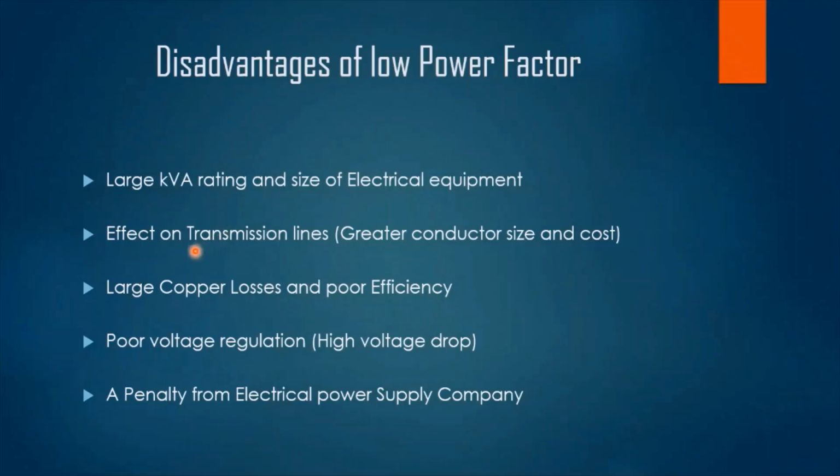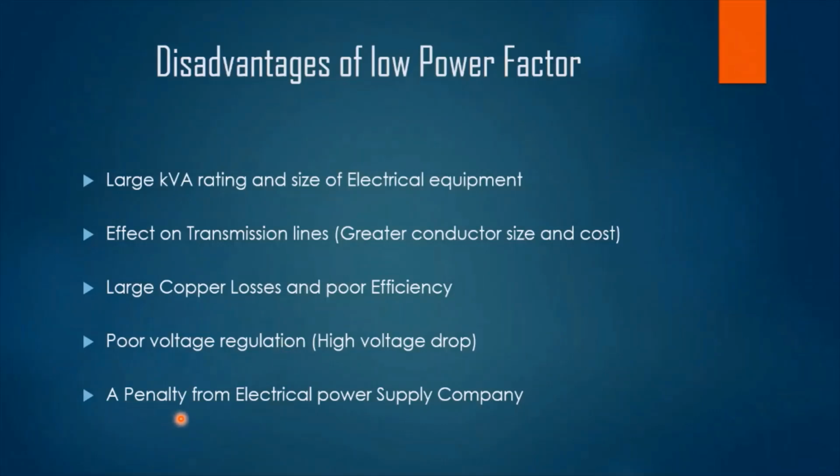Low power factor also can have an effect on transmission lines by selecting bigger conductor sizes or cable sizes, which will cost us more money. Also, large copper losses and poor efficiency can be a result of a low power factor, especially in transformers. And high voltage drops also can be one of the disadvantages of low power factor.